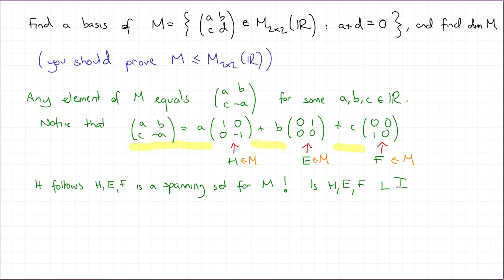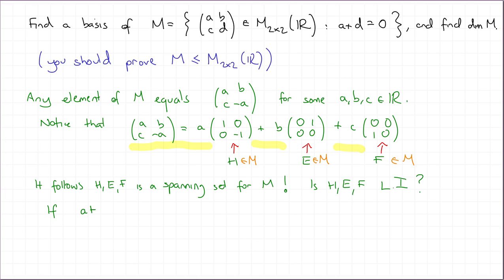So next question is, are these three matrices H, E and F linearly independent? Again, this is actually an easy calculation, because to find if they're linearly independent, we have to take a linear combination of H, E and F which is equal to the 0 vector in our vector space, and then prove that the coefficients in that linear combination must actually be 0. So let's take that linear combination.